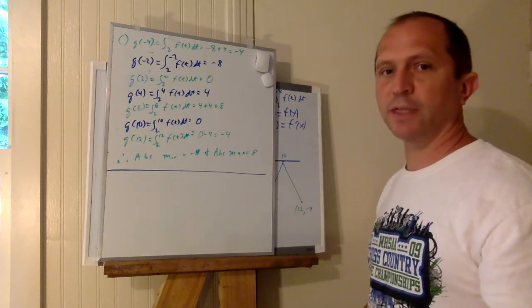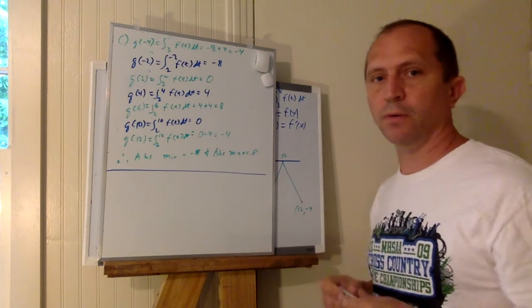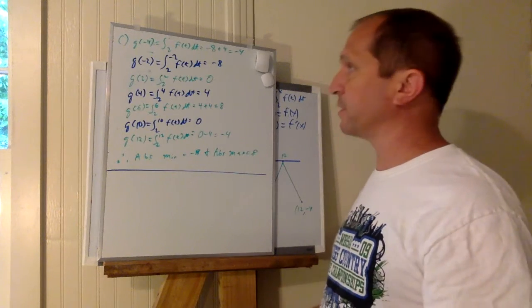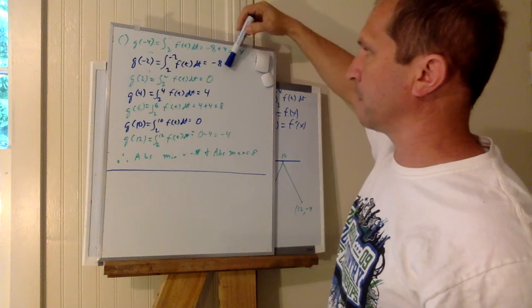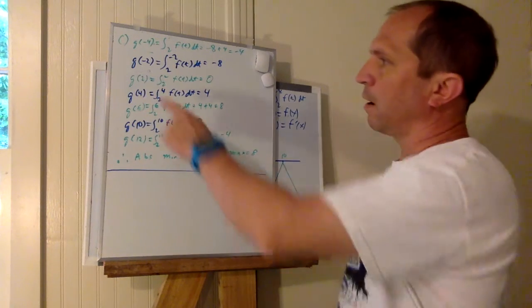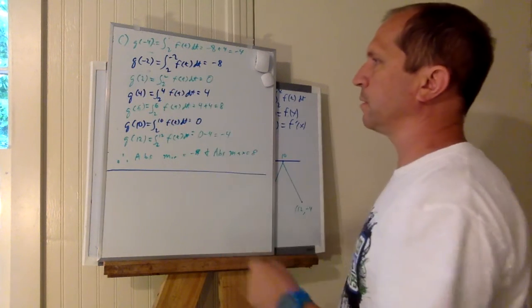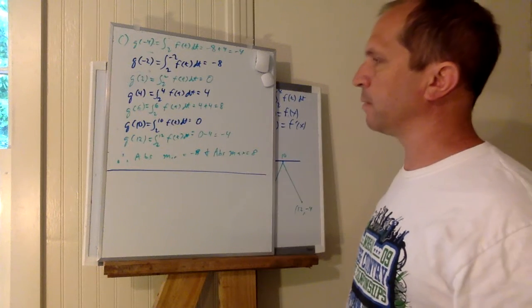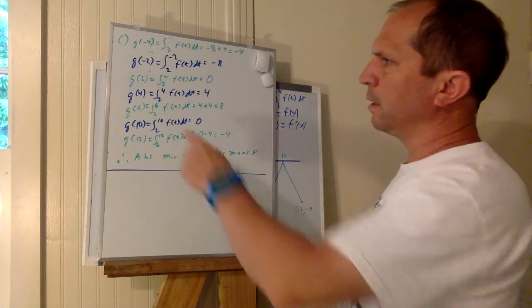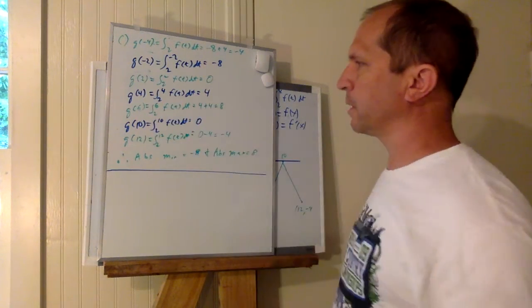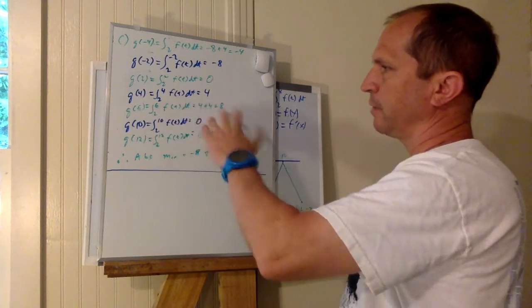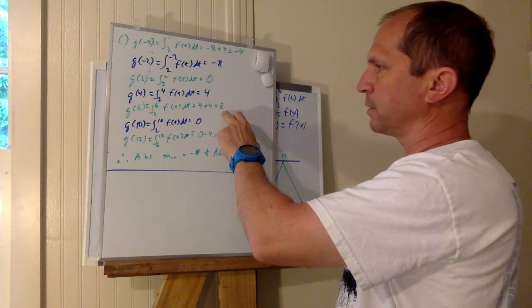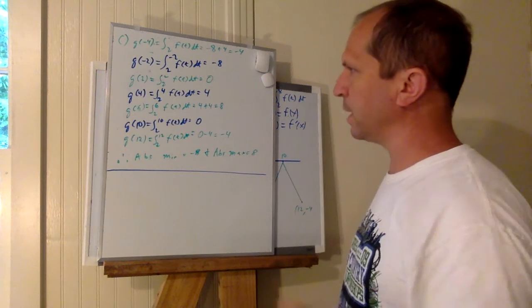Now, I did it for the rest of them. You can look along on your graph as I'm talking through this. g of negative 2, we talked about that earlier. That was negative 8. g of 2 is 0, since it's from 2 to 2. g of 4 is 4, because from 2 to 4 we have 4. g of 6, you've got that full triangle in there, so it's 4 plus 4, which is 8.